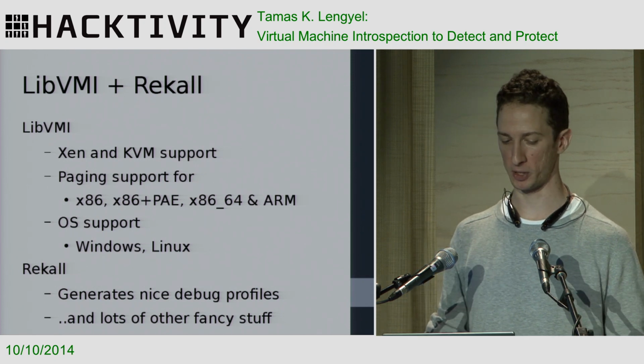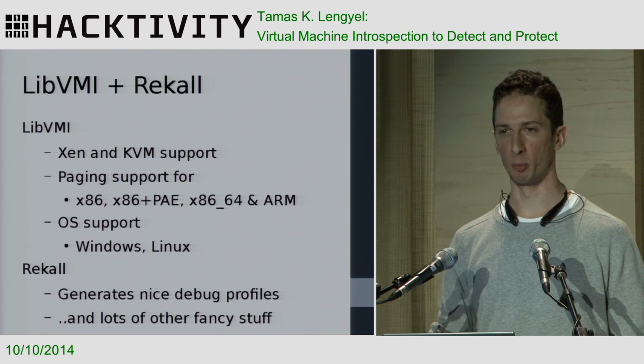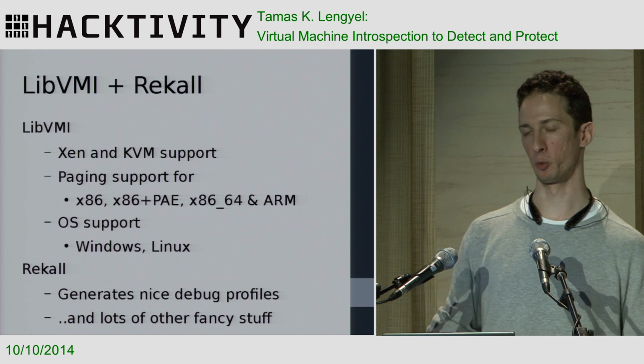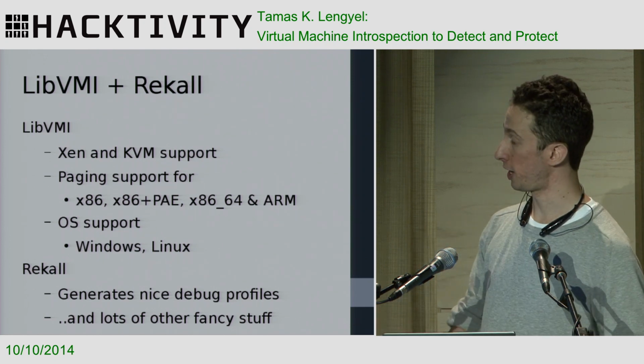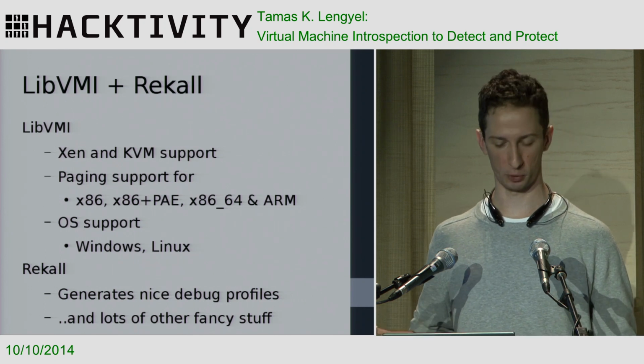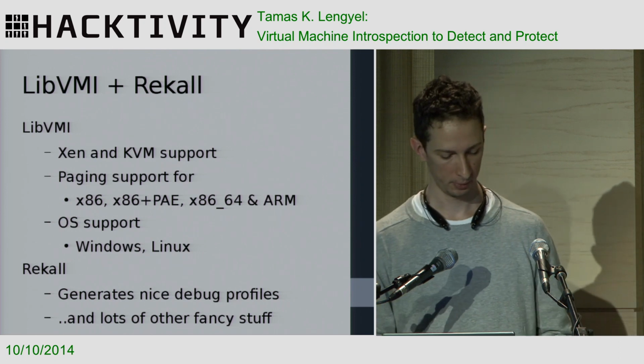It supports right now Xen and KVM. The Xen side is probably a little more mature because it grew out of a previous library called XenAccess, but it also supports KVM, and potentially we will add other hypervisor support in the future.